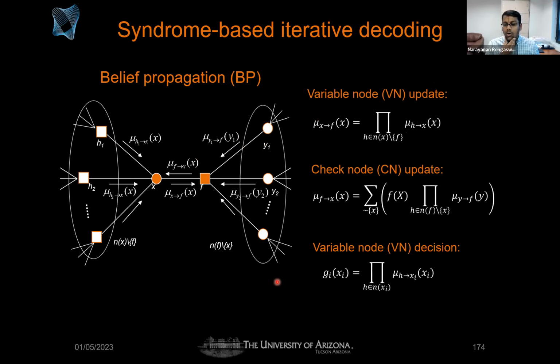Finally, these LDPC codes can still be iteratively decoded using the min-sum algorithm or the belief propagation that Professor Vasic introduced before. But now everything is done from the syndrome perspective, meaning that you measure the syndrome in hardware and feed the syndrome as the input to the decoder, and then the decoder computes the error pattern that is most likely to have occurred and satisfies the syndrome.